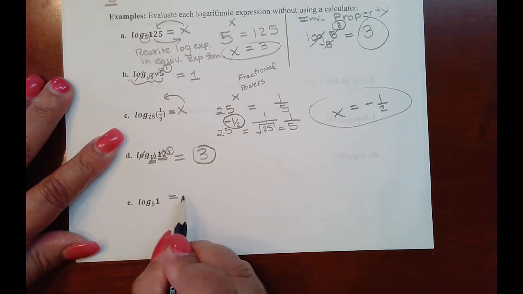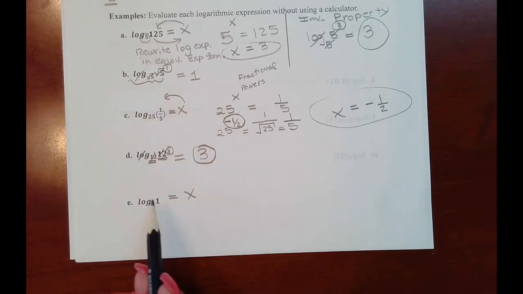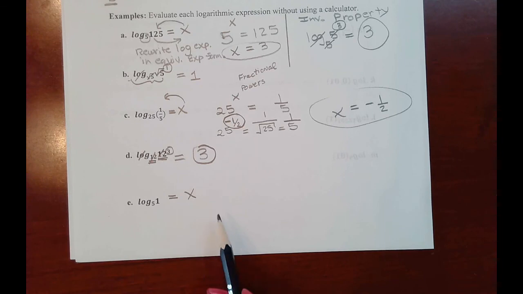You could say, what value is this equal to? This is equal to some unknown value. You have to show your work because the directions say do not use a calculator.